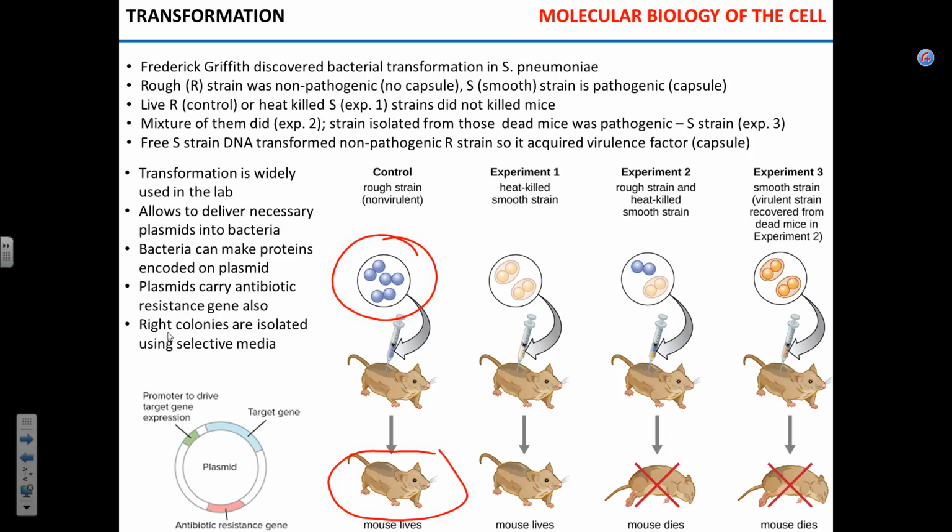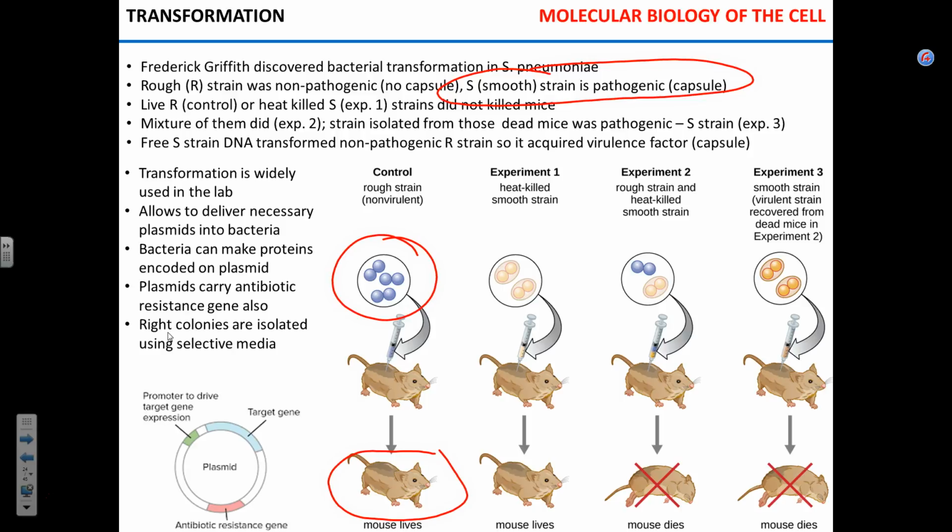The pathogenic strain, the S smooth strain, had the gene for the capsule, was encapsulated, and that was the main virulence factor. Although it is not shown in the picture, the pathogenic strain successfully killed mice. So that's our initial data, right?